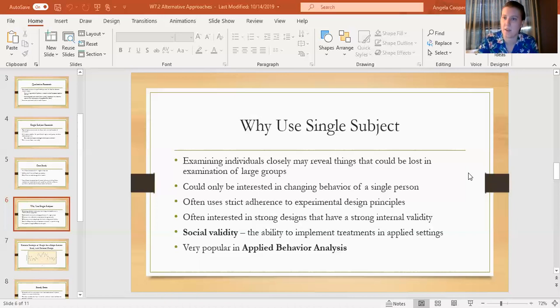Anyway, in ABA, they're interested in having strict experimental design principles. One of the concepts of ABA is that we're not really focusing on the cognitive aspect of life because we can't experimentally test that. So where I've talked about self-report questionnaires and self-report measures of variables, ABA isn't as concerned with that because there's always a margin of error.